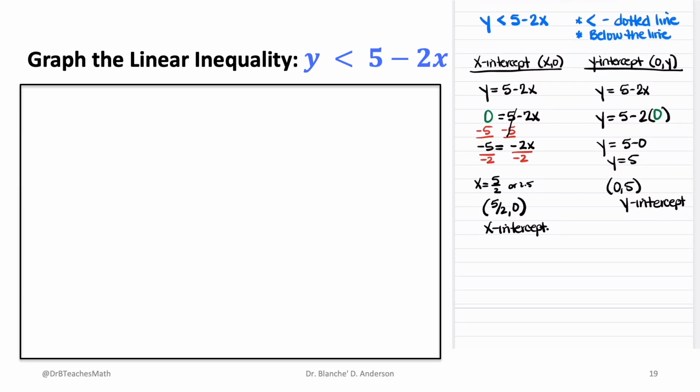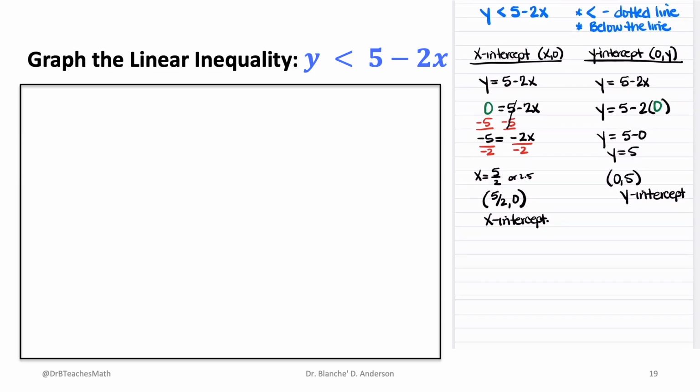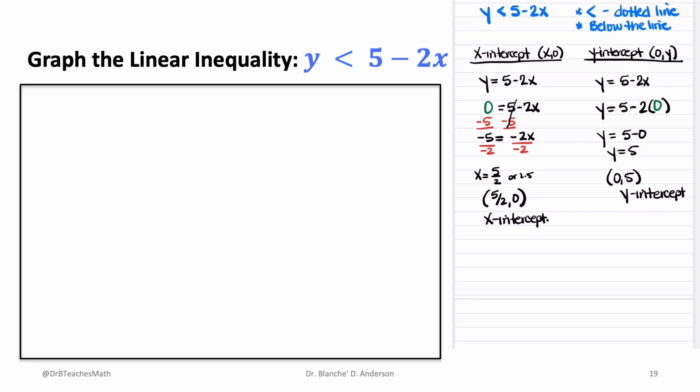But before we do that, let's do a test point. Okay? 0, 0 is the perfect test point. So let's use 0, 0 then. I'm going to say my test point, because I know how to draw the line. I know it's going to be a dotted line. It's going to be 0, 0. If 0, 0 makes the inequality true, I'm going to shade on the side of the boundary line that includes 0, 0.